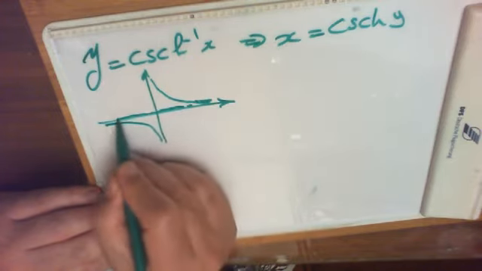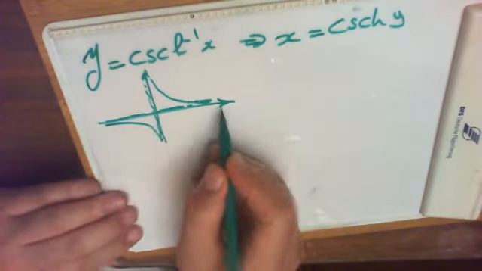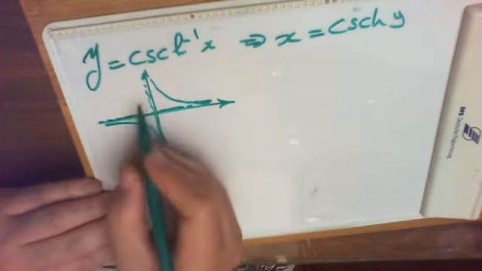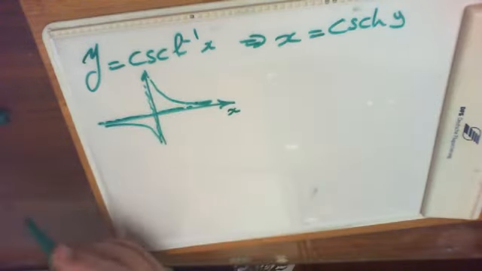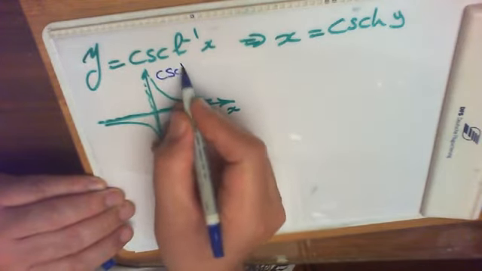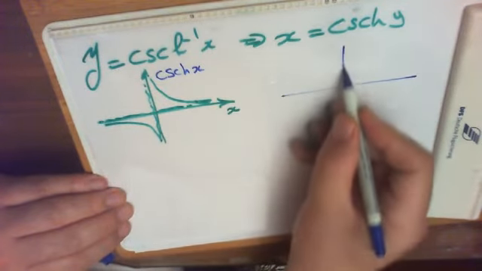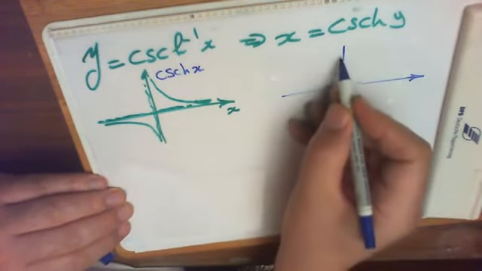This is the original function, no change. The principal branch is the same as the original function. So using reflection, this is for cosech x. This is x. While for cosech minus 1, still the same shape.